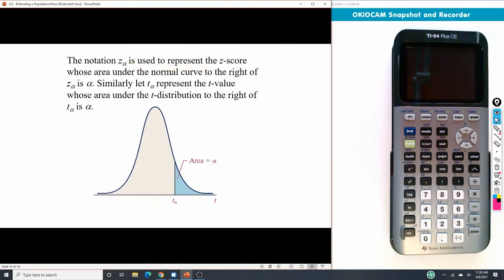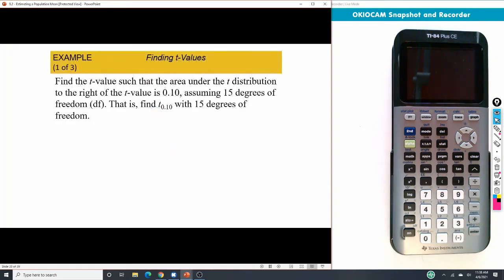Our t value is to the right of t sub alpha, which is the area under the curve, so we're looking to the right in these cases. Here we're looking at a t value of 0.10, assuming 15 degrees of freedom. So this is where our tables come into play.